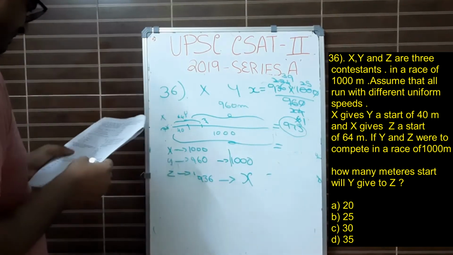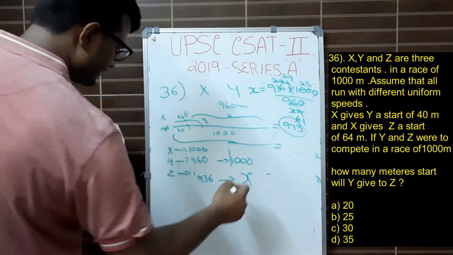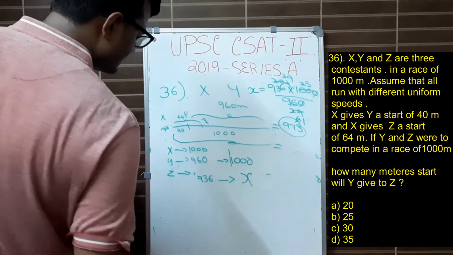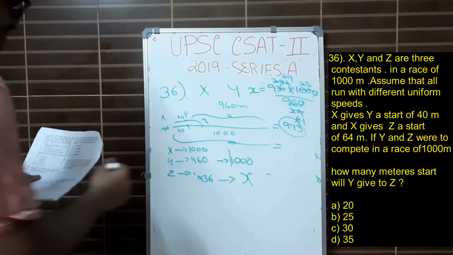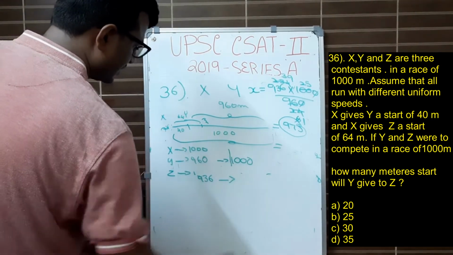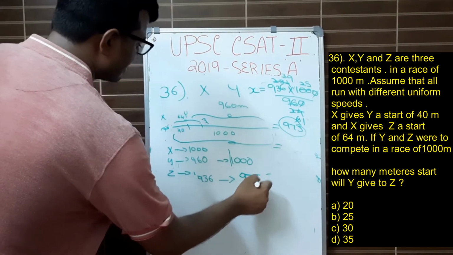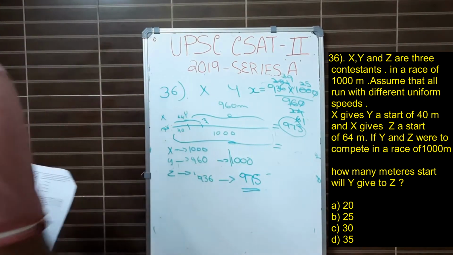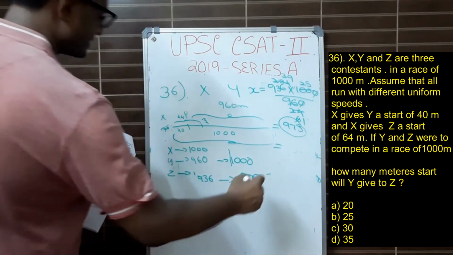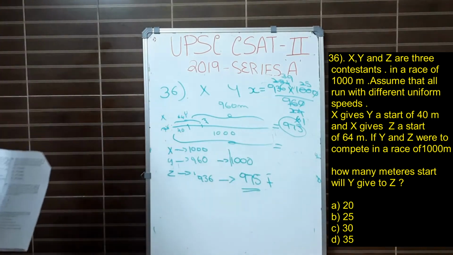So 975 meters is the distance that Z will run when Y will have completed 1000 meters. So if Y completes 1000 meters, Z would have completed 975 meters. But Y is going to give Z a head start.